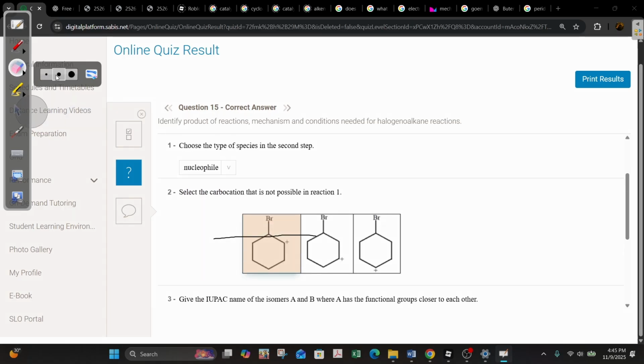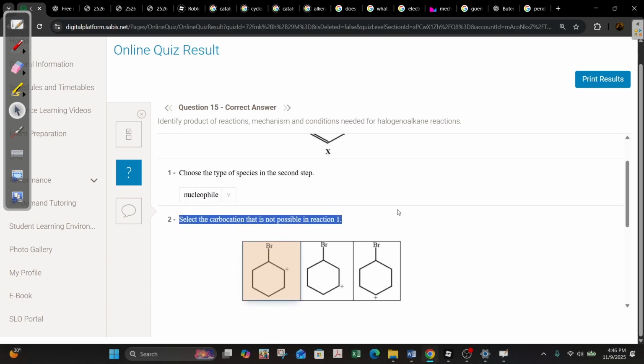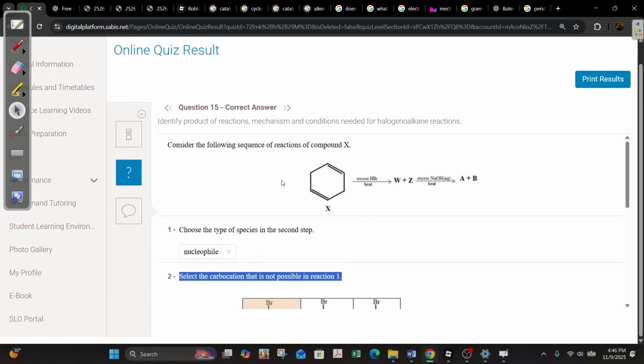Next, whoops. Select the carbocation that is not possible. Okay, so for this question, oh, my computer is lagging. For this question, all they did was just move it this way, like one rotation. I don't know how to say it. Okay, I'll just draw it so you guys can understand.